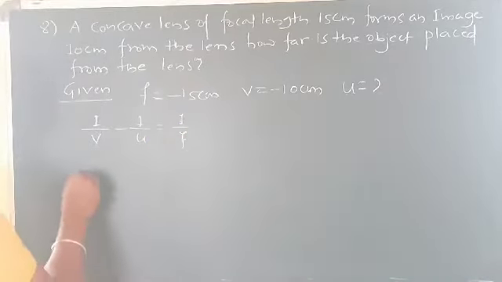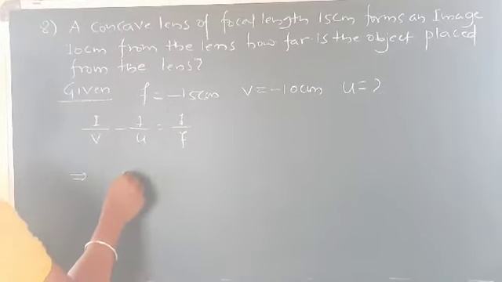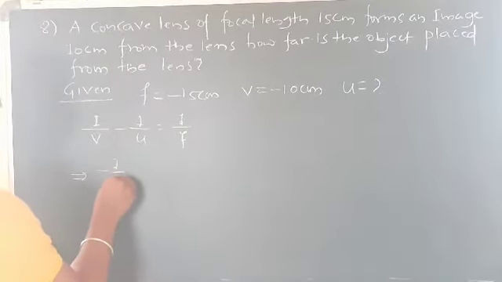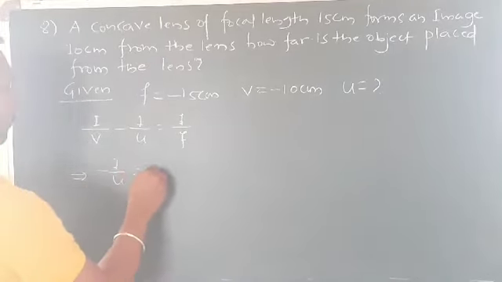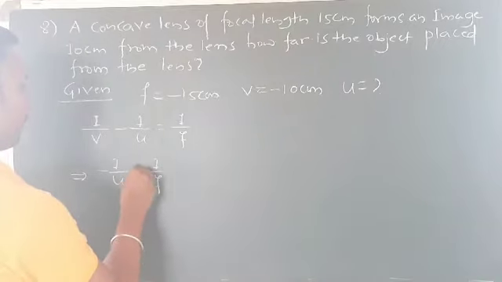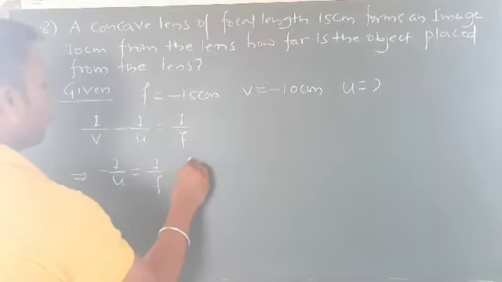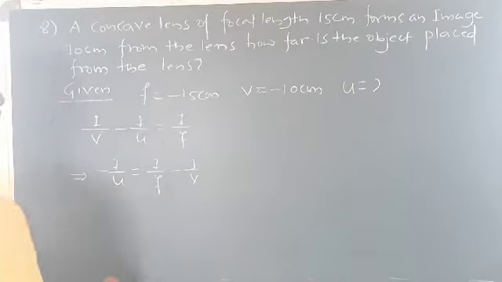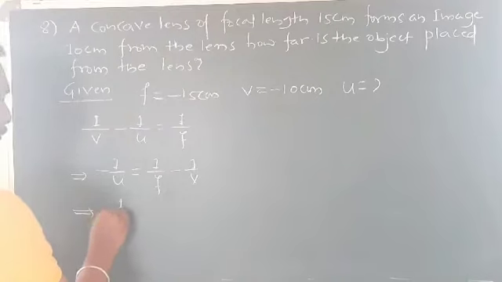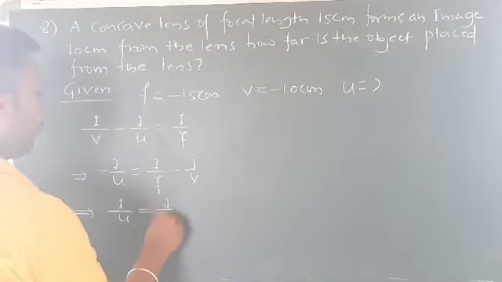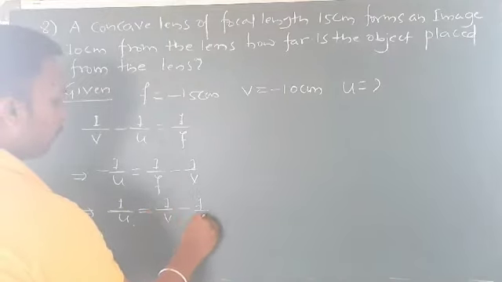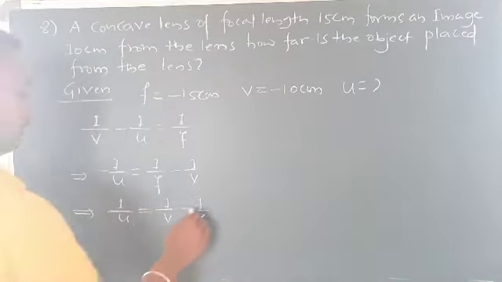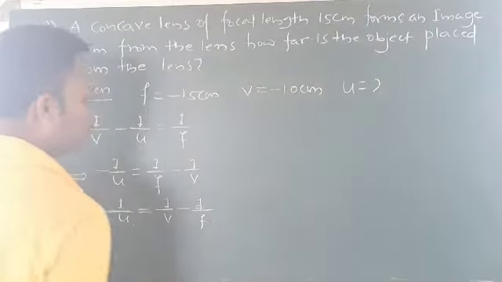We need u here, so minus 1 by u is equal to 1 by f minus 1 by v. Multiplying by minus, minus becomes plus, plus becomes minus, so 1 by u is equal to 1 by v minus 1 by f.